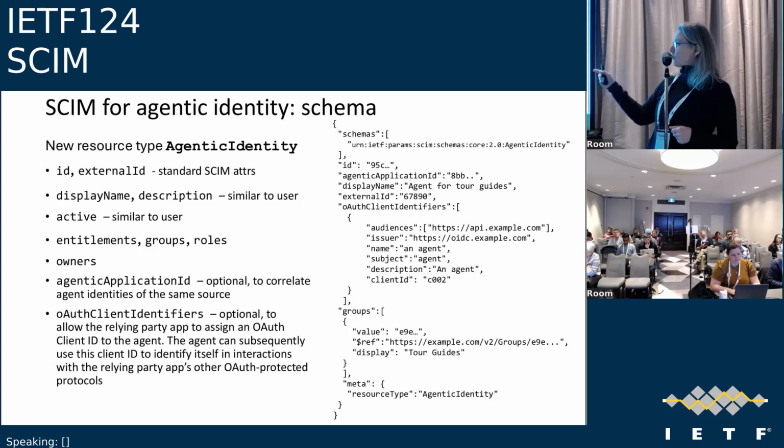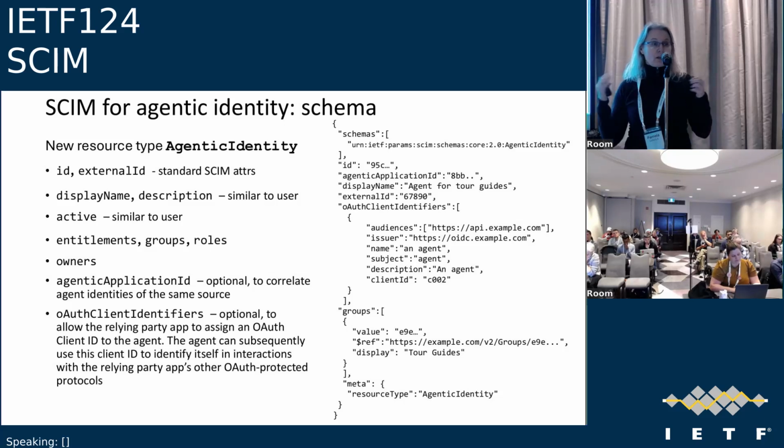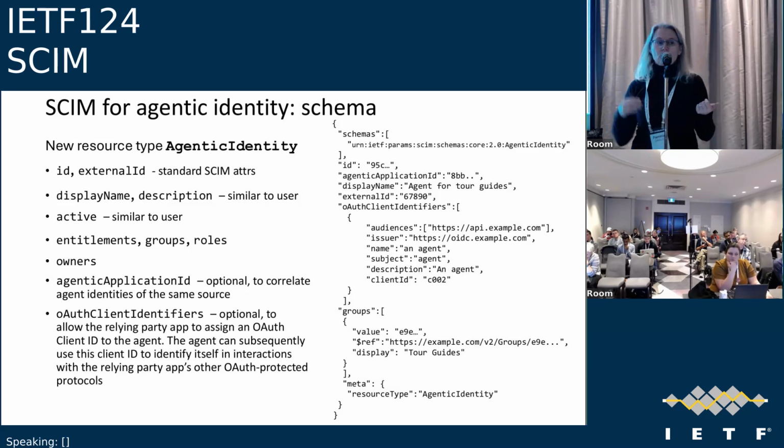The other thing that is interesting for this group is this OAuth client identifiers multi-valued attribute. If you think about what client ID metadata documents bring, that is really quite new: this idea of binding the agent identifier to a domain, or to a domain location.